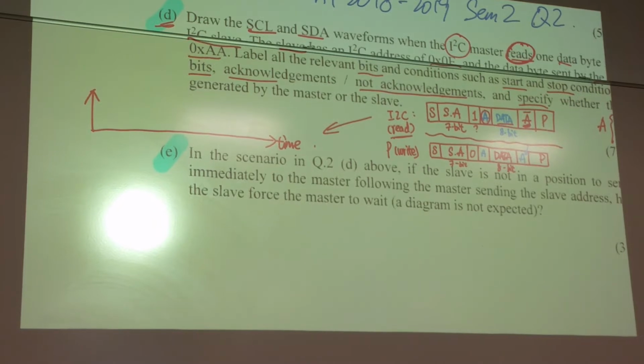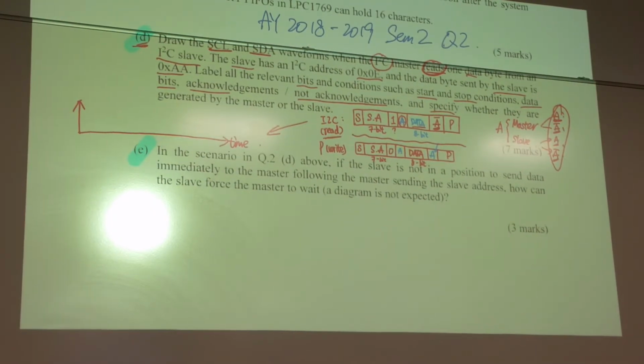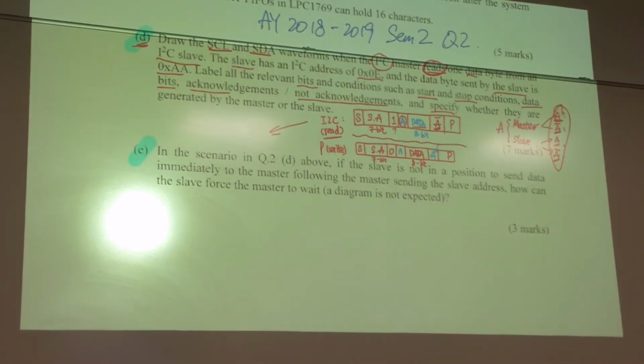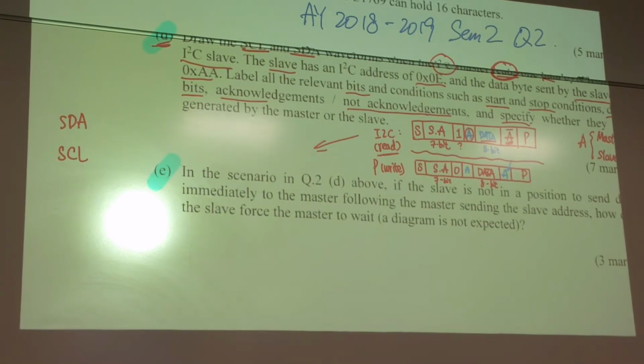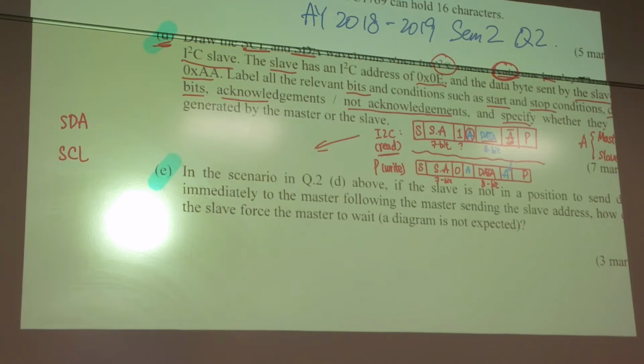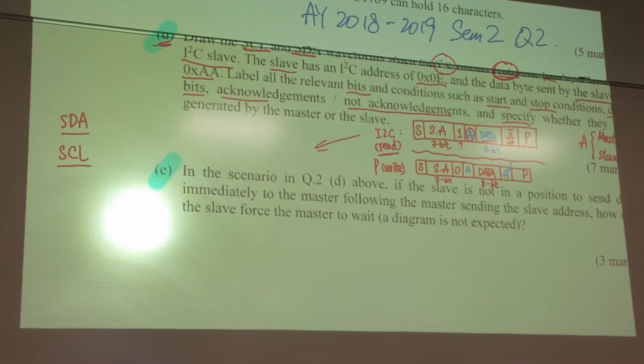So if no one is using the channel, what should you have? You have two channels here, remember. So you need to draw two waveforms. One is SDA, one is SCL. You need to draw these two together. SDA is for data, SCL is for your clock. If no one is using the channels, what will you get on the channel?